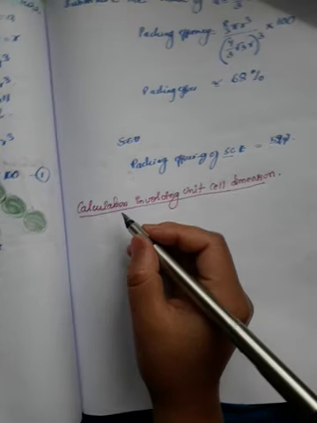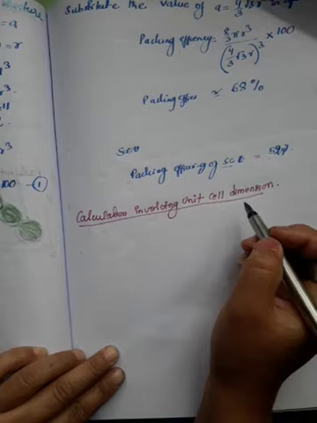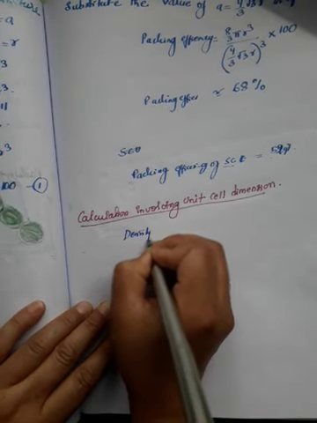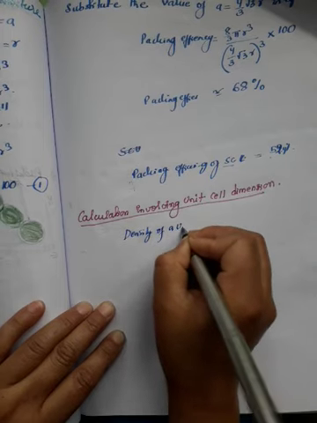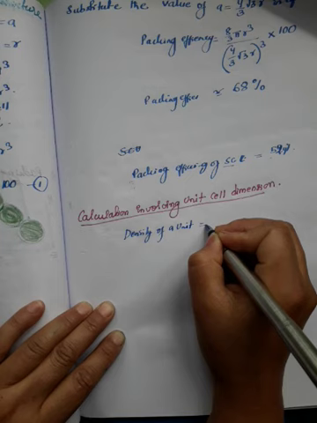Now next we'll try to derive the formula for density calculation involving unit cell dimension. Now, density of a unit cell. What is density? It is mass by volume.